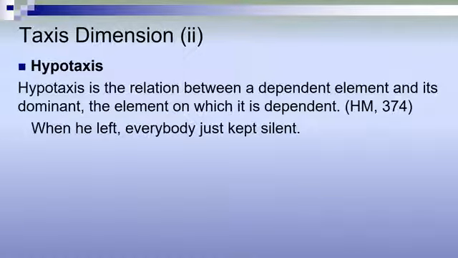When he left, everybody just kept silent. When he left is the dependent element, and everybody just kept silent is the dominant element. Here, usually the symbol for the dependent is beta and the dominant is alpha. So when he left is beta and everybody just kept silent is alpha.